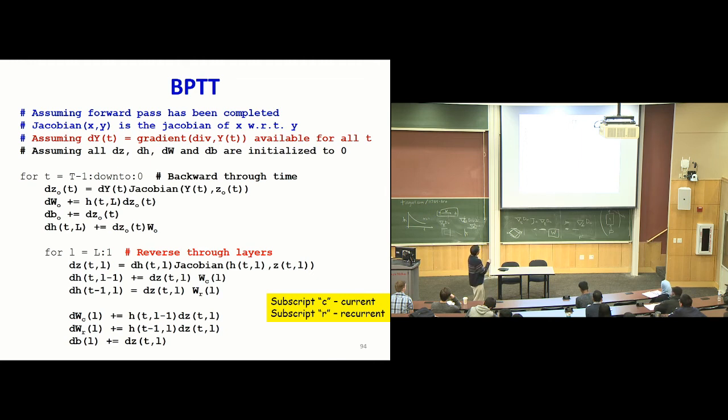Then subsequently, I compute the derivative with respect to w, but it's incremented. It's h times dz. The derivative for the bias is going to be incremented by dz, right? And then when I go back, this too is incremented. Why is that? Observe that this h could have been influencing the h at the next time, right? So when I was processing the next time, there would have been a derivative which came back here, and to that, the current derivative must be added.